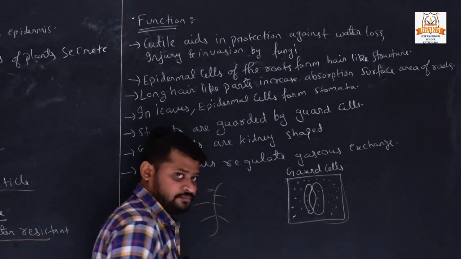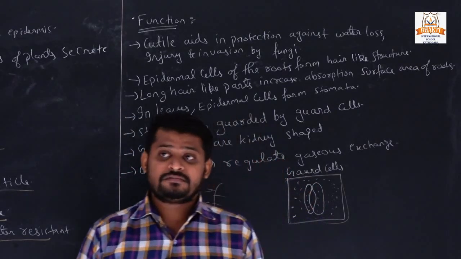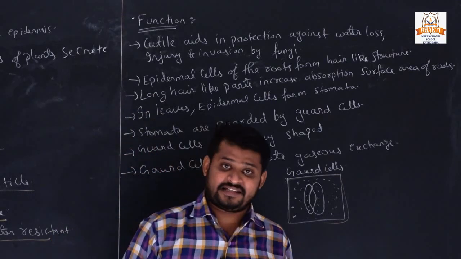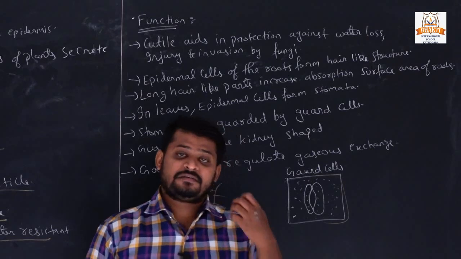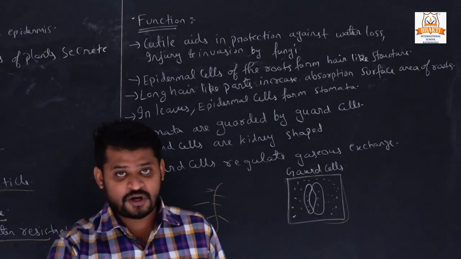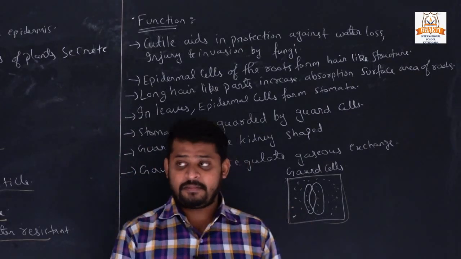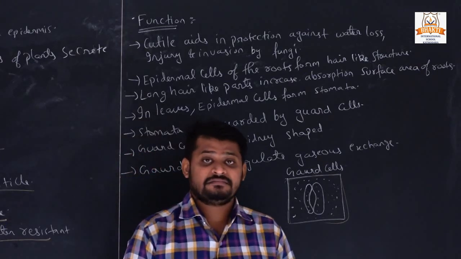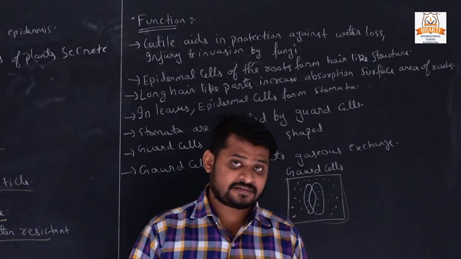What is stomata? Stomata is a small opening, a pore, that exchanges gases in a plant. It absorbs carbon dioxide, the roots absorb water, and they chemically react in the plant and make food. That process is called photosynthesis.